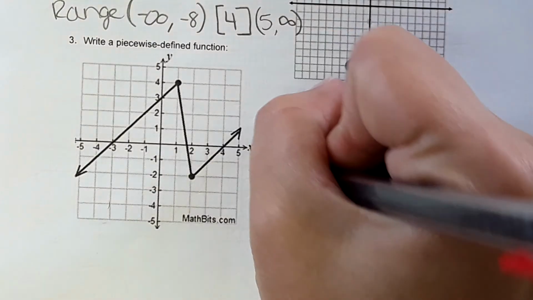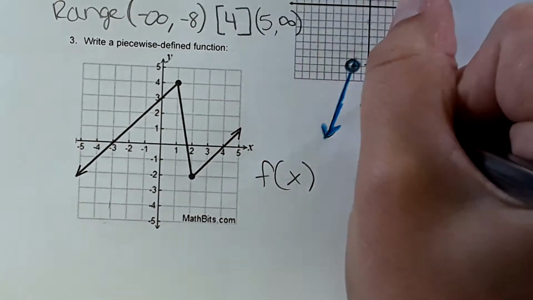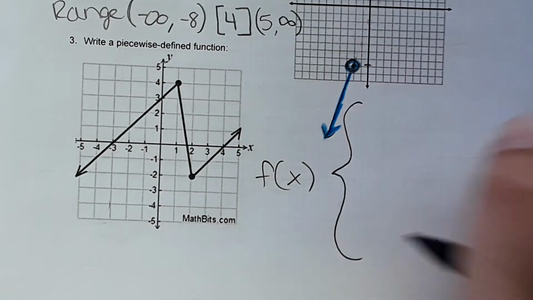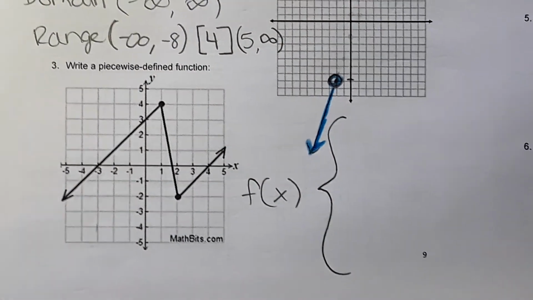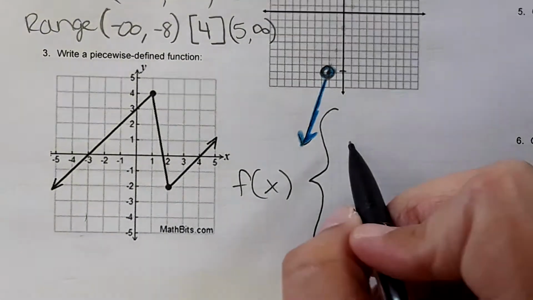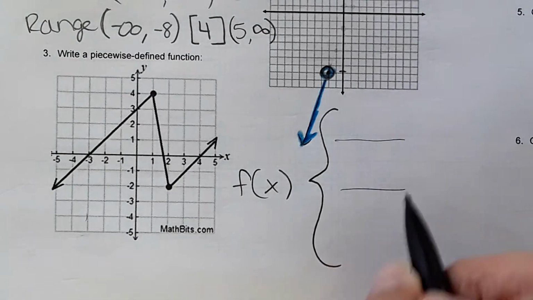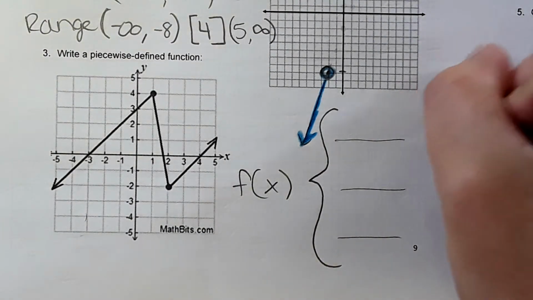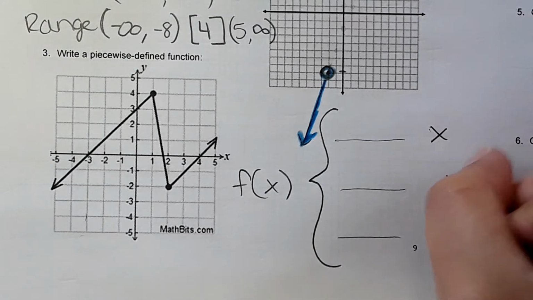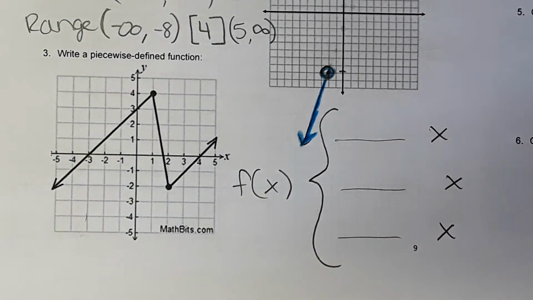Okay, so f of x, and we have these parentheses things. We're going to have 3 equations of the line, and then we're going to have x is less than or equal to, like that. Now, I'm going to color code my graph, so kind of working backwards.